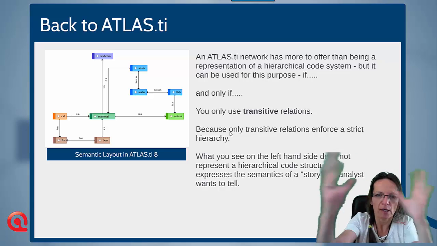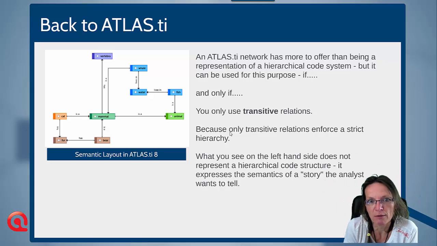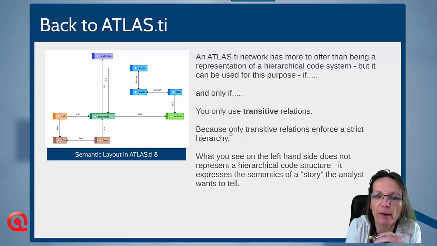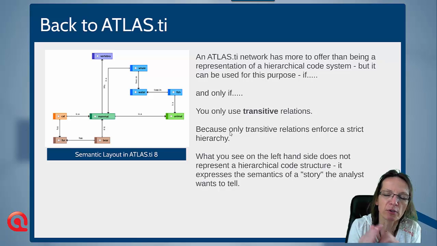Most of the time you cannot explain everything in one network view because often there is not enough space on the screen, so you have partial networks that give answers to your research question, but you can express it in the form of a story of relations between concepts and make it more visual than just having text. But it's different from just describing your code system in a hierarchical manner. So these are two different analytical steps.